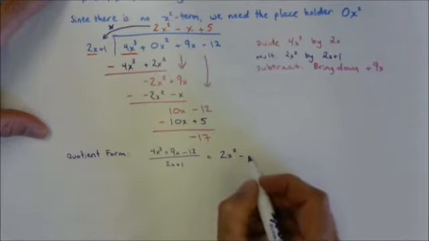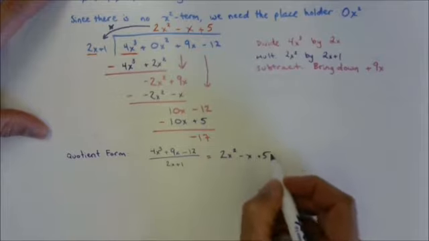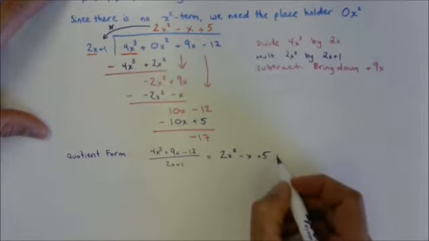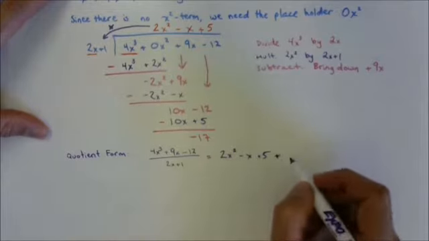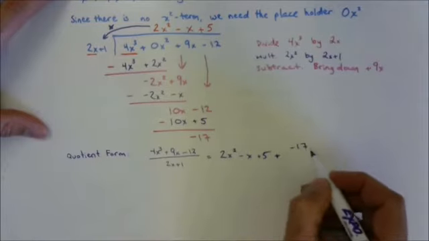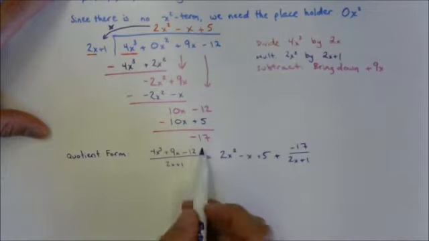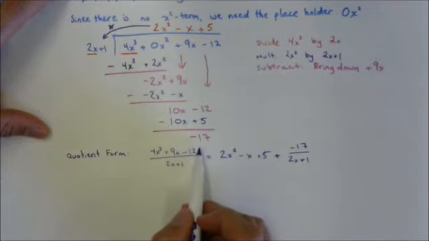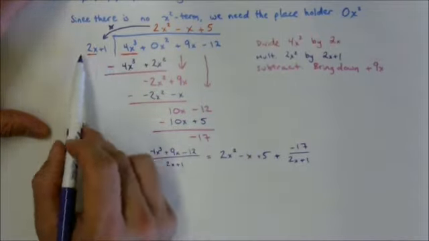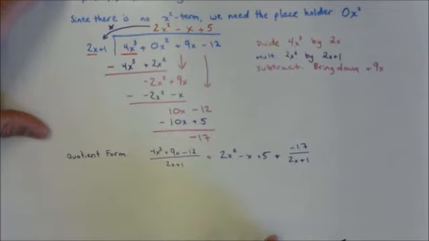And your remainder is always going to be plus, and then a fraction, negative 17 over 2x plus 1. That's the amount that's left over that couldn't be split evenly by this group, 2x plus 1.